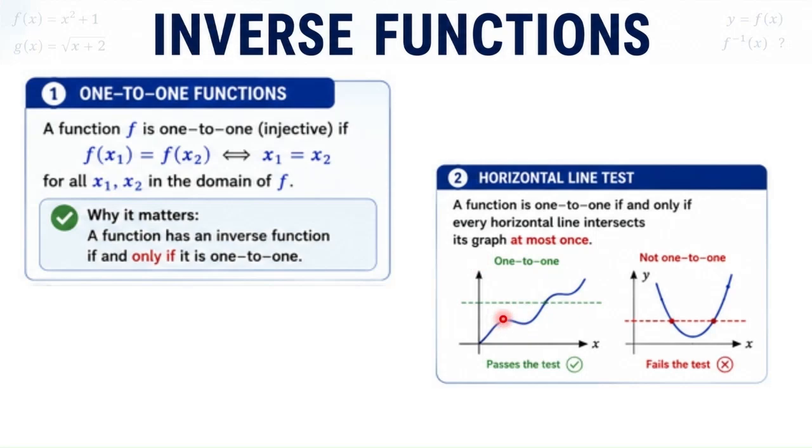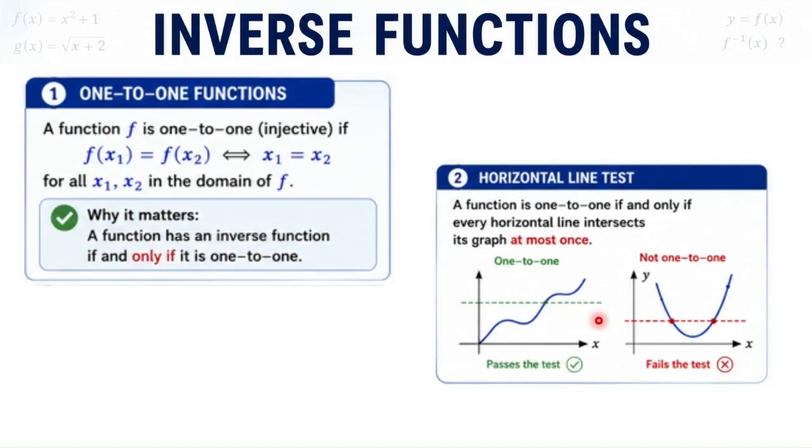Consider the function f of x equals x squared. Different inputs such as 2 and negative 2 produce exactly the same output. Since one output corresponds to more than one input, we cannot uniquely reverse the process. For this reason, the function does not have an inverse function over all real numbers.